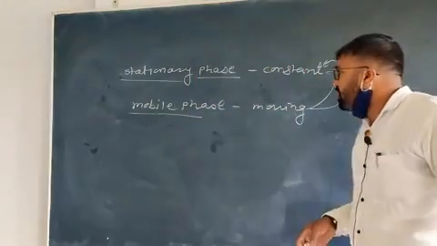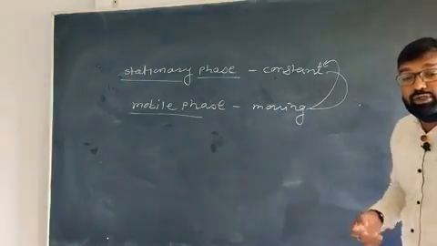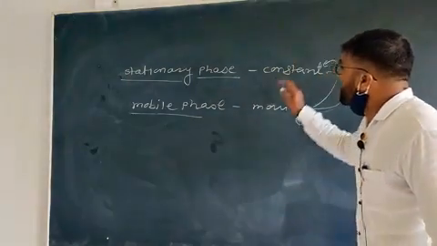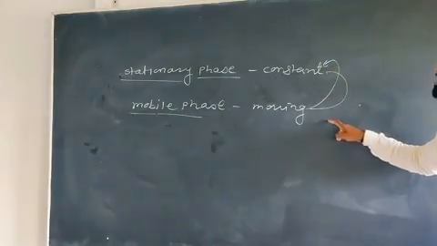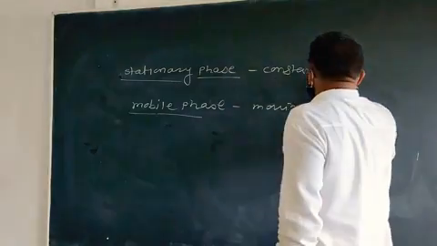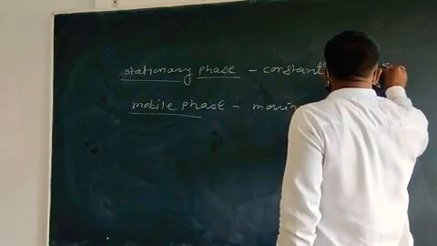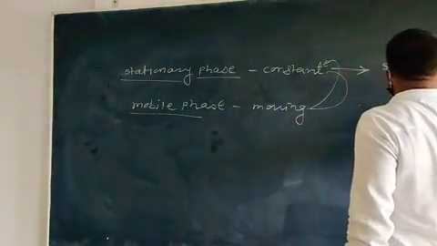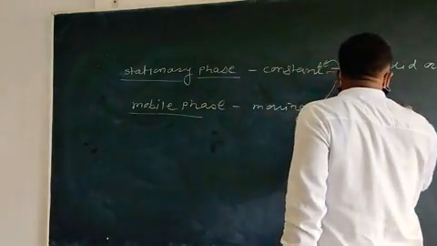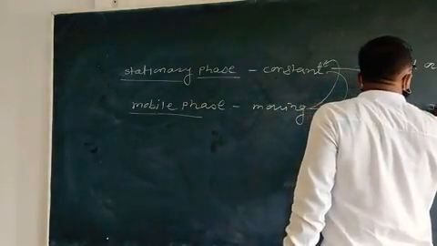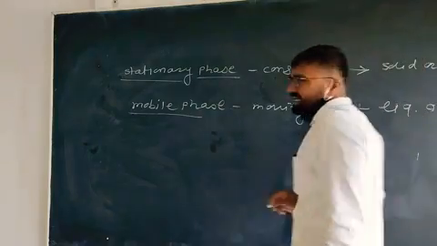In chromatography, the classification is done according to the nature of the stationary phase and mobile phase. Of course, the stationary phase is solid or liquid in nature, and the mobile phase is liquid or gaseous in nature.